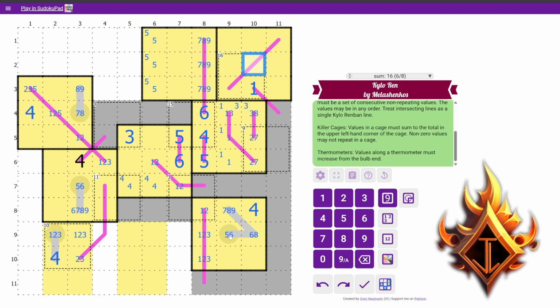It would have to be at least 3, 4. 4 would be here, 3 would be there, and then it would need an 8.